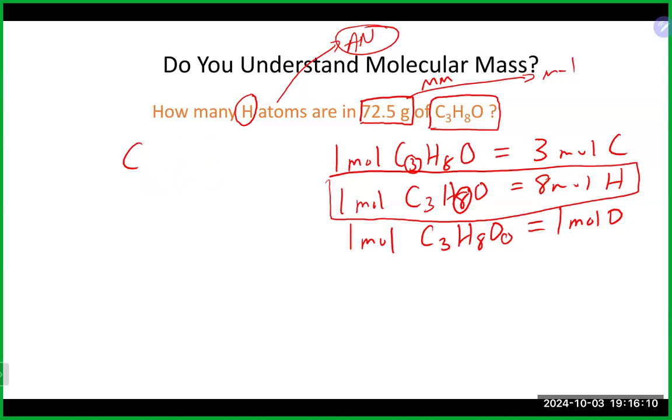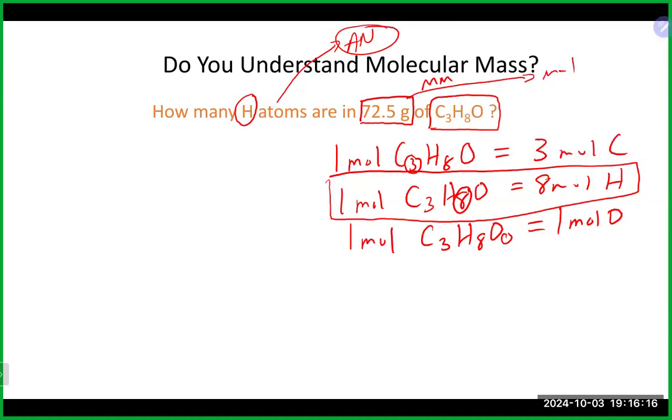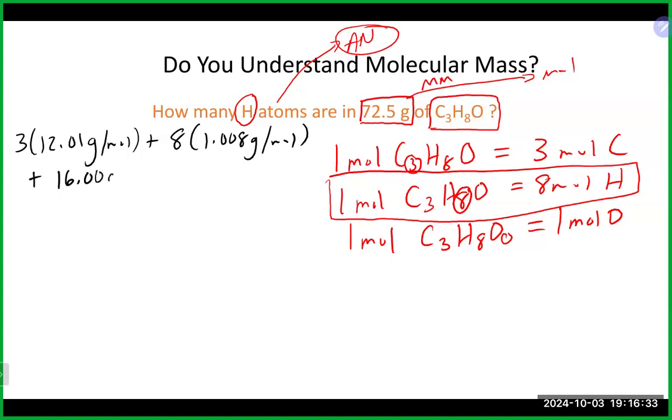So one of the first things we've got to do then is to figure out the molar mass here of this compound. So we have 3 carbons, each at 12.01 grams per mole. We have 8 hydrogens at 1.008 grams per mole. And we have 1 oxygen at 16 grams per mole.